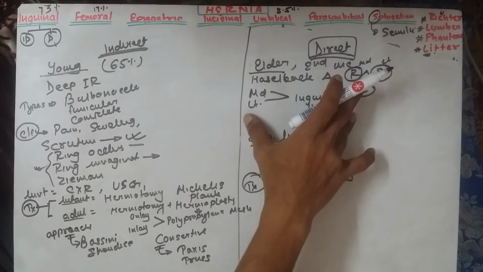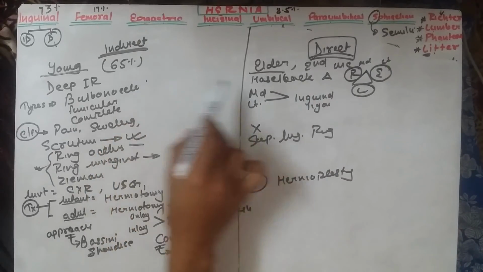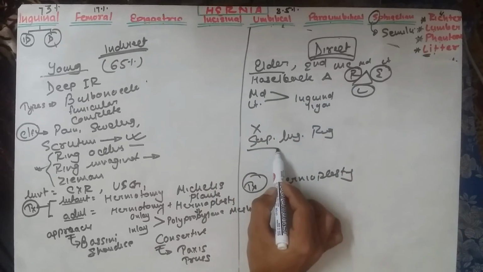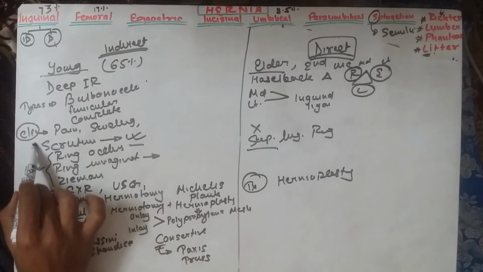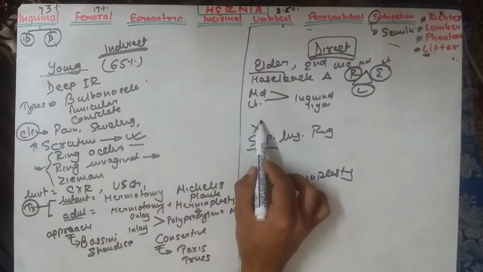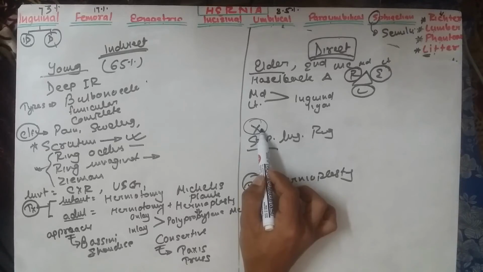Then the protrusion is through the deep ring in indirect, whereas it is through superficial inguinal ring in case of direct. Then the descent can be completely up to the scrotum in case of indirect, whereas there is no scrotal descent in case of direct.